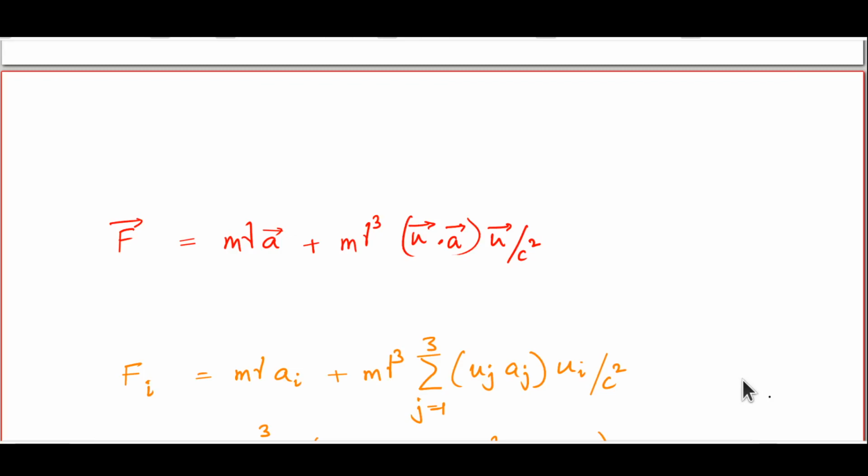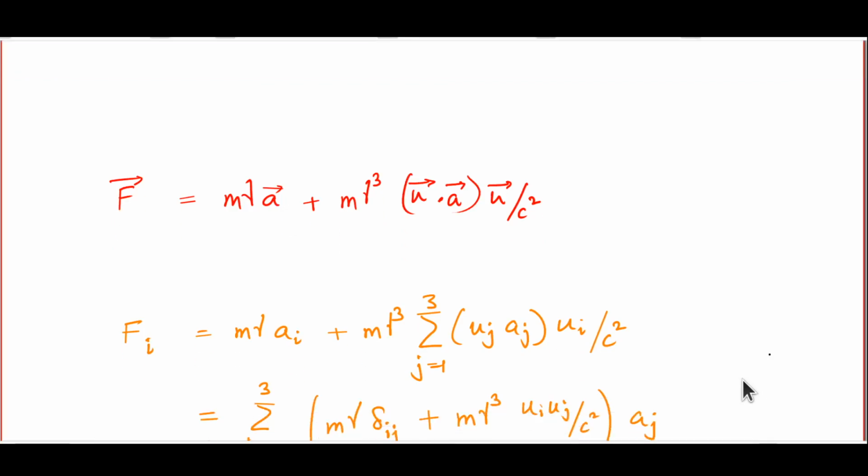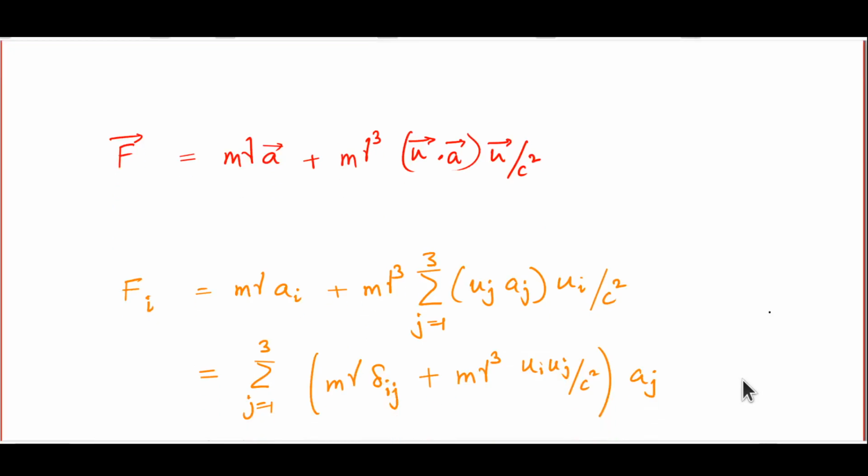Now what we want to do is write this as a relationship between force and acceleration. So the jth component of the acceleration can be related to the ith component of the force. And it's very easy to do. The second term is already in the form where a_j is actually sticking outside.